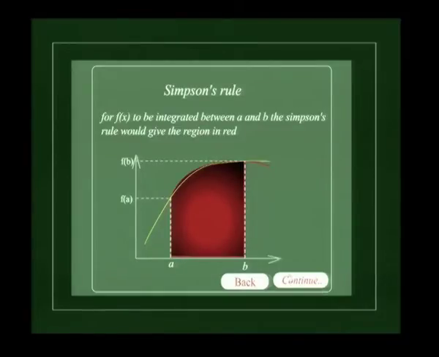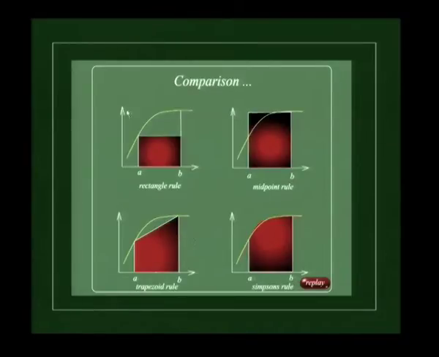Okay, so now to summarize, a comparison of all the methods will be this for a function of this form. The approximation to the area would now be given by these four different boxes.